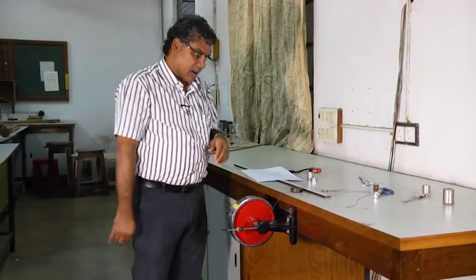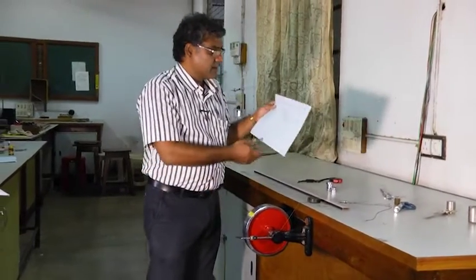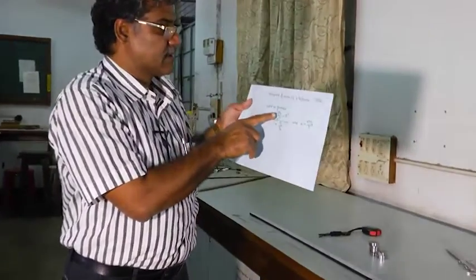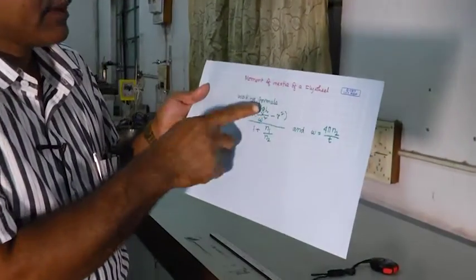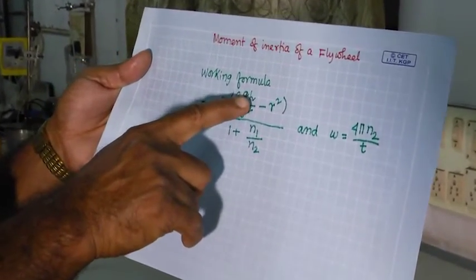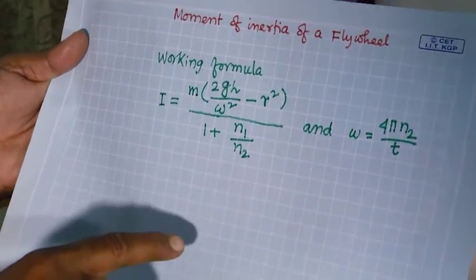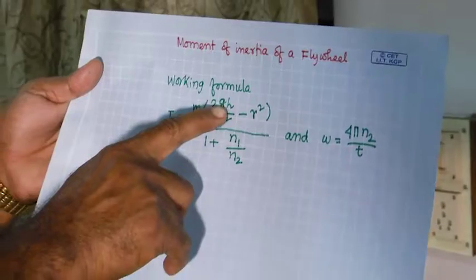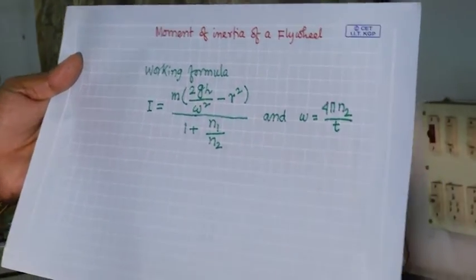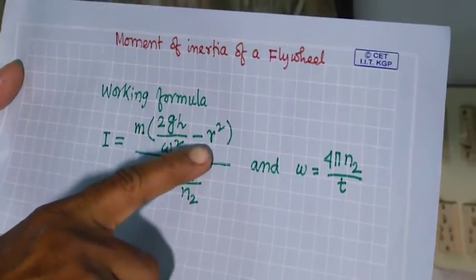Now, what other parameters do we have to measure? g is the gravitational acceleration. We have to measure the height h; which height, I will explain. The radius of this axle we have already measured.